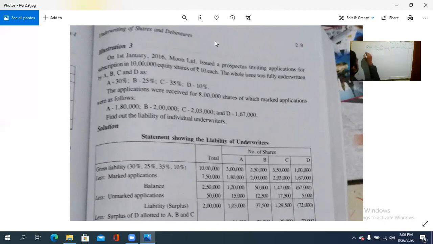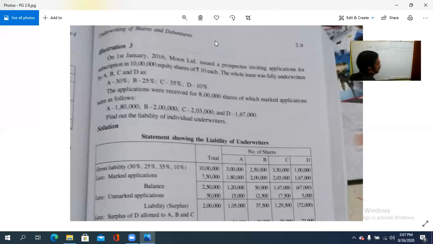Then less marked application. How much is the marked application? For A, it is 1 lakh 80,000. The total applications received is 8 lakh shares. Out of that, the marked applications are below: A is 1 lakh 80,000, B is 2 lakh, C is 2 lakh 3,000, and D is 1 lakh 67,000.